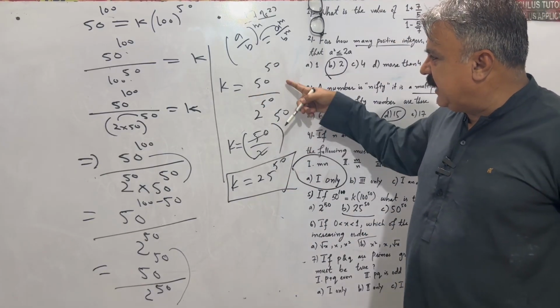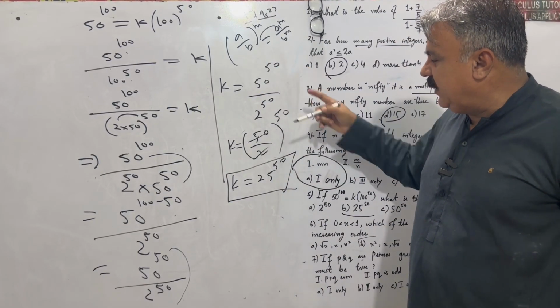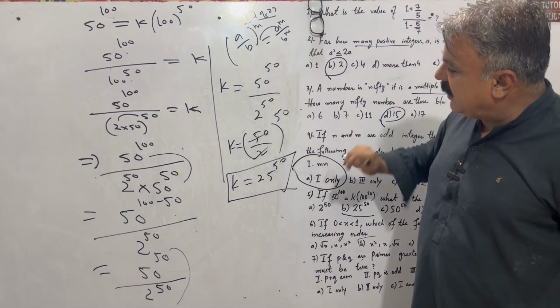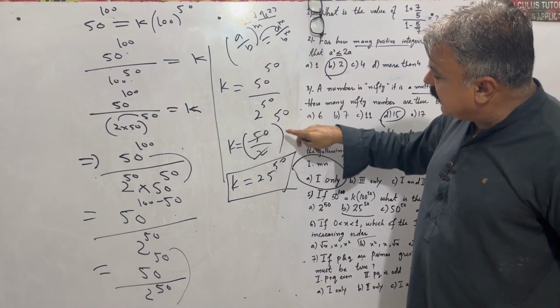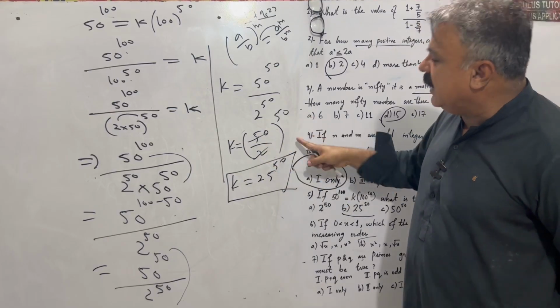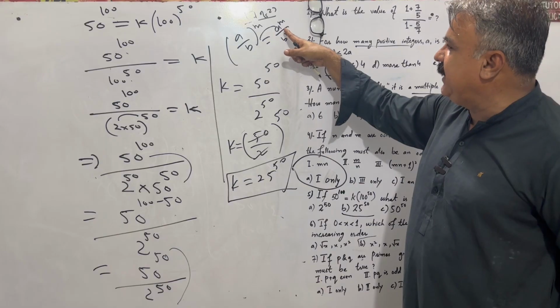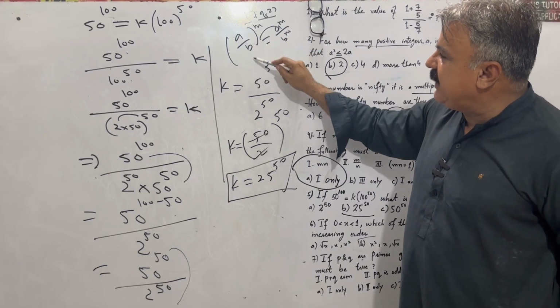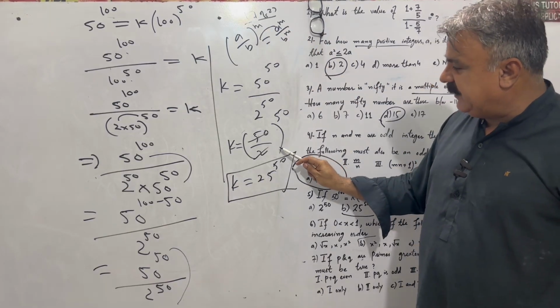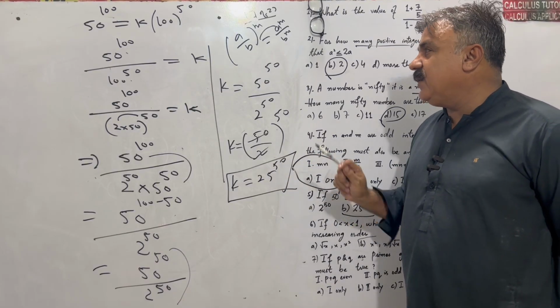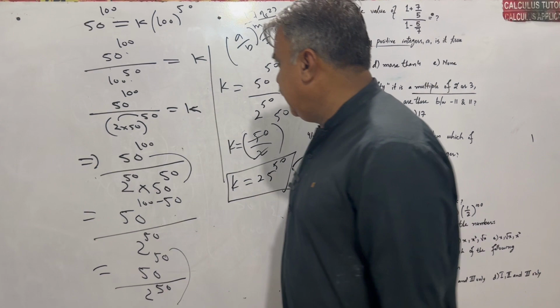By virtue of this law, I have turned the overall exponent to (50 over 2) raised 50, like a raised m over b raised m can be written as (a divided by b) raised m. 50 divided by 2 raised 50. Applying the table, 25 raised 50 is my answer.